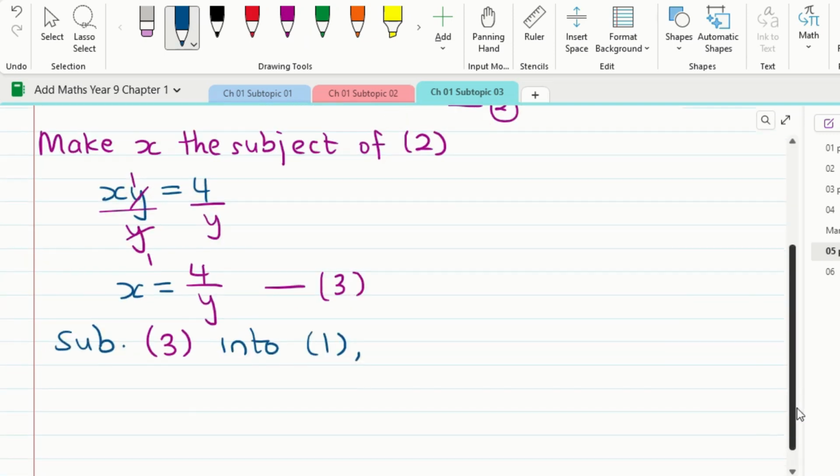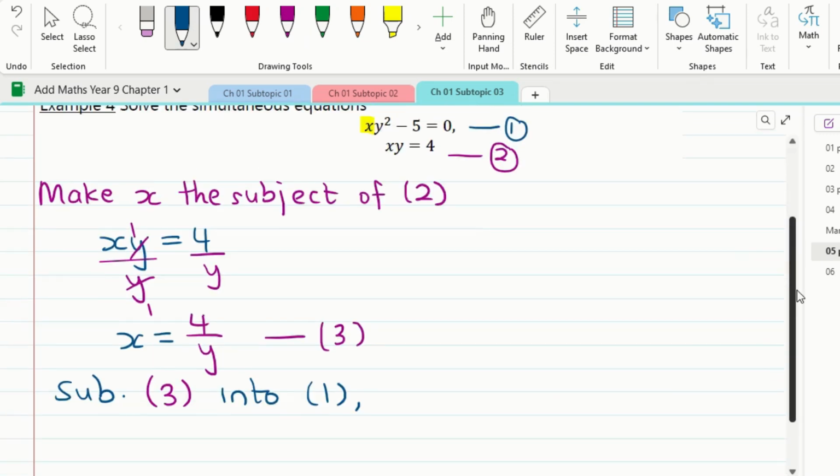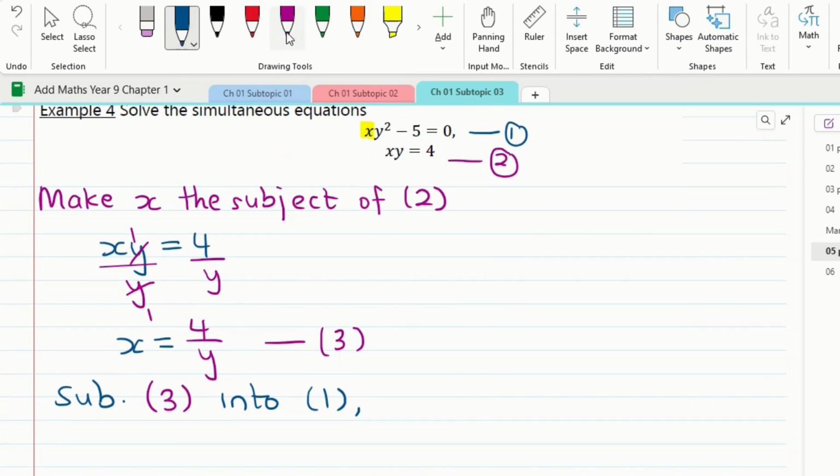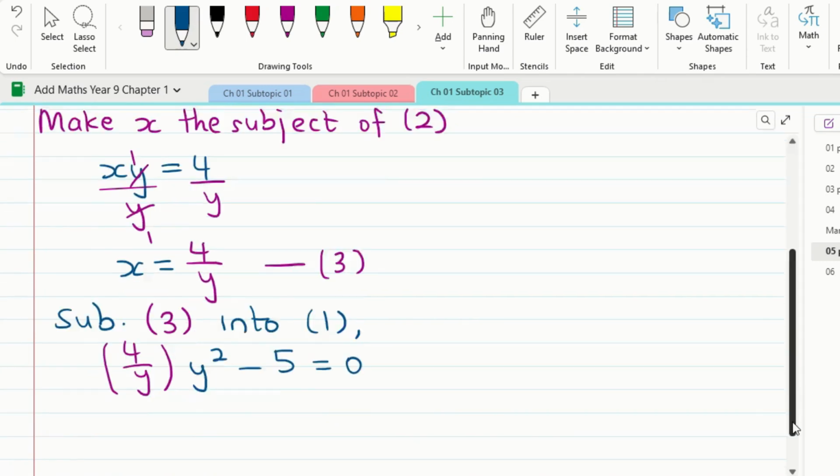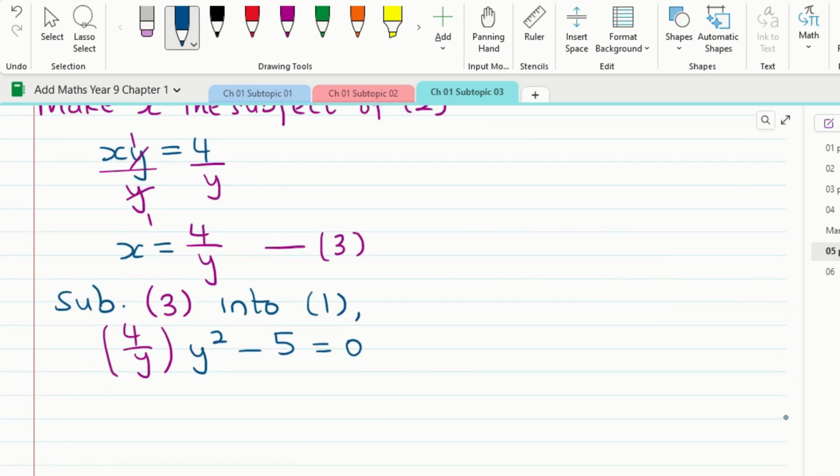Here, x will be replaced by 4 over y. I give brackets, which indicates a multiplication of x by y squared, which is changed into 4 over y times y squared minus 5 equals 0. Here, y squared is y squared over 1.